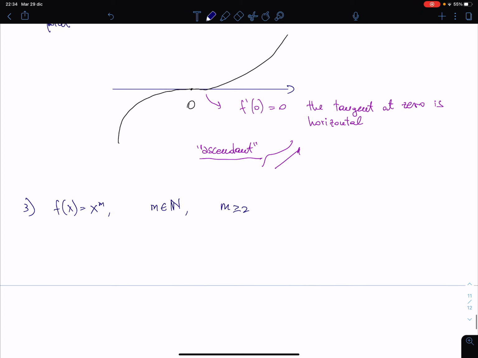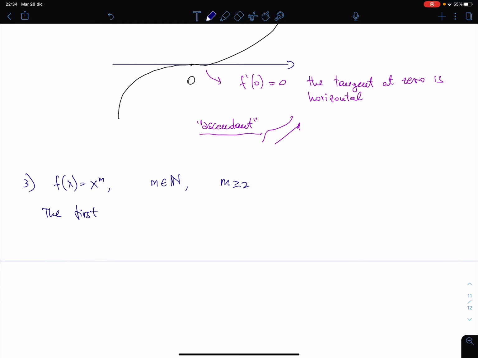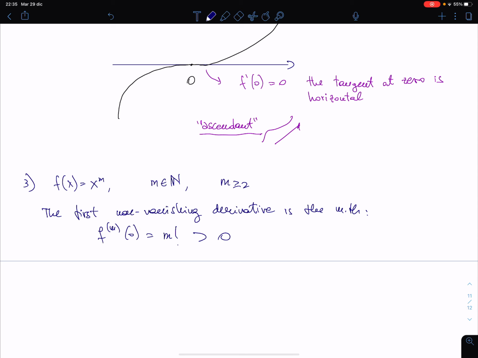Following exactly the same method as in the previous example, the first non-vanishing derivative is the mth, because f^(m) of 0 is equal to the factorial of m, which is larger than 0.